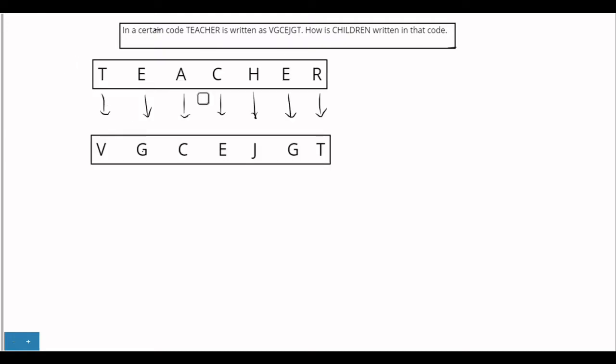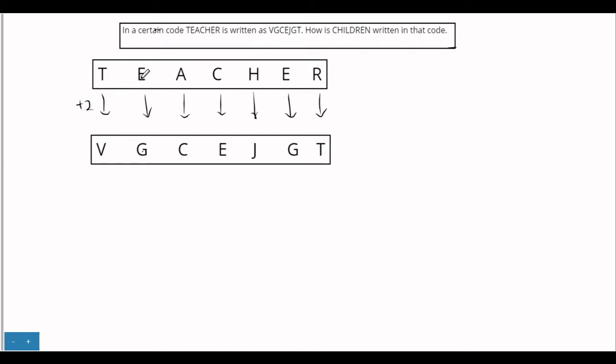So first, you write it like this on your notebook or rough book or wherever you're doing the equation, and you see what we have to add to get T to V. So in the alphabet, it is like T, U, V. So basically, it's adding plus 2.